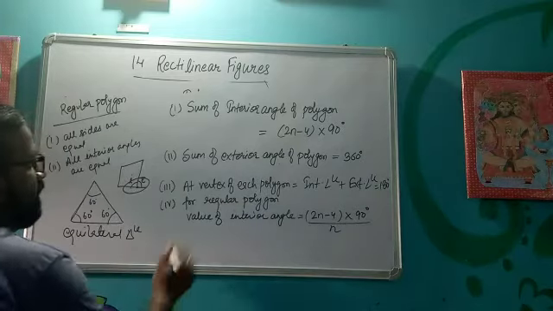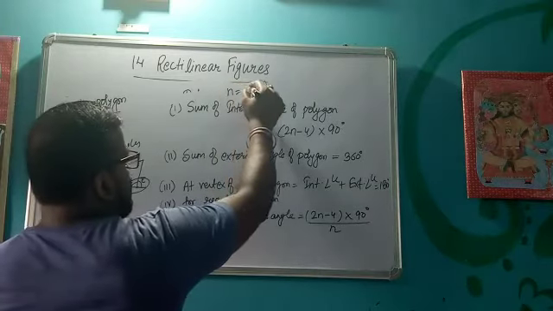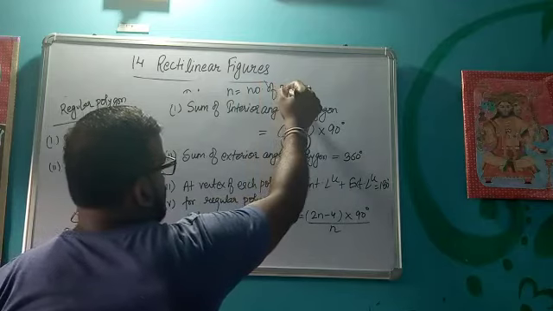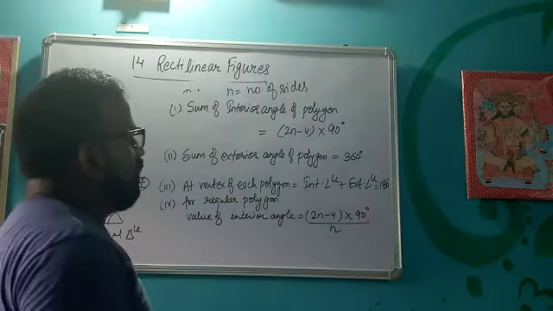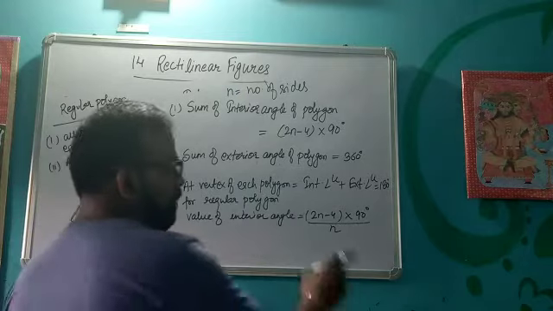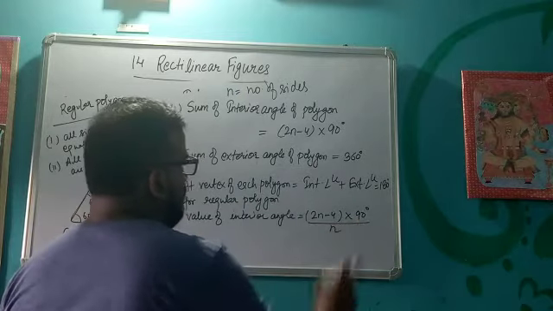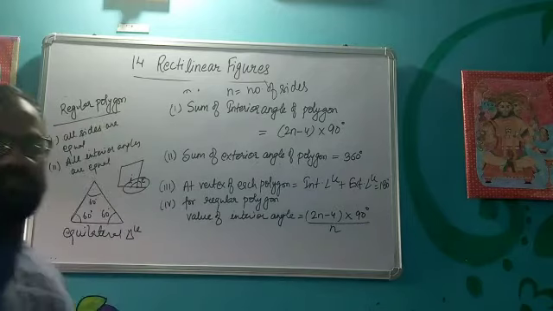And what is n here? n here is the number of sides. So this is the formula for the sum of interior angles of the polygon. If you divide it by n, you will get the value of each interior angle.